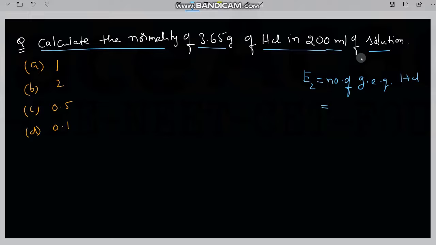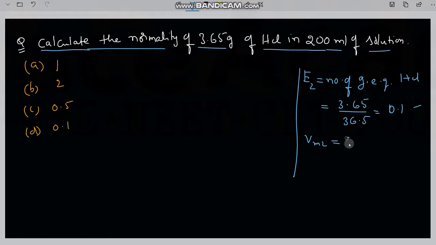The number of gram equivalents is obtained by dividing the mass by its equivalent mass. Mass given is 3.65 grams. Equivalent mass of hydrochloric acid is 36.5. So here you got 1 by 10, that means 0.1. So the number of gram equivalents is 0.1.